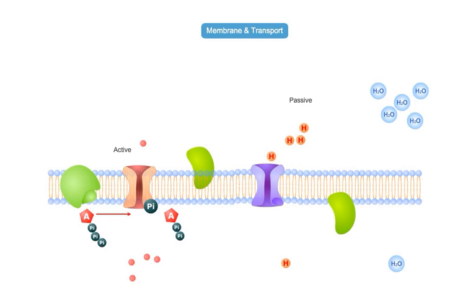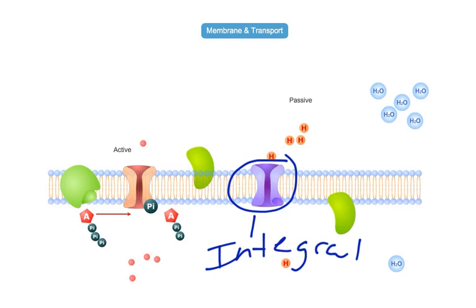We also have a variety of proteins in the plasma membrane as well. First one here is an integral protein. This one just happens to be a channel, but an integral protein is integrated throughout the membrane. See how it goes from both sides? That's integral, it's integrated to both sides.